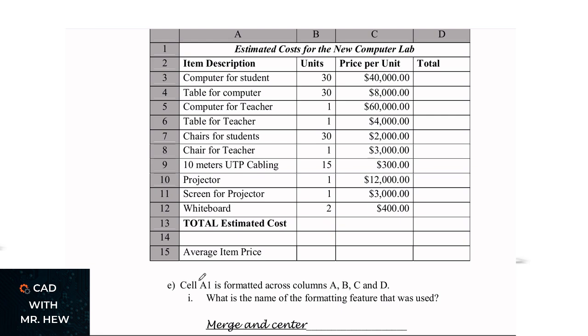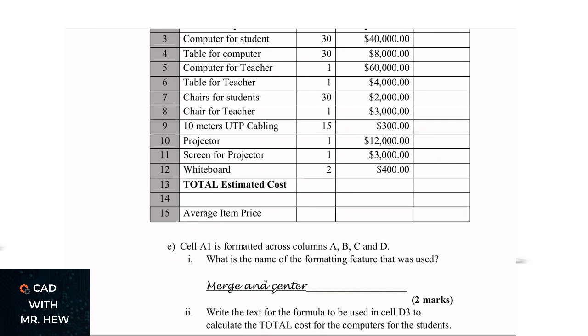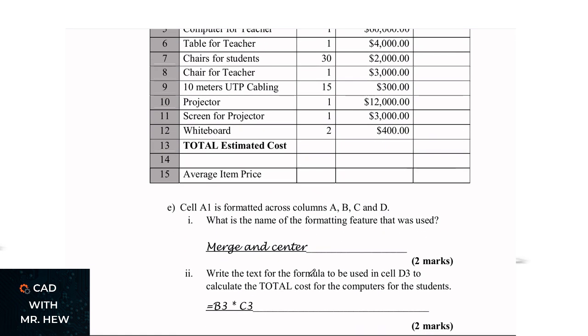It says in cell A1, there was a formatting feature that was used across columns A, B, C, and D. What is the name of this formatting feature? The correct answer is merge and center. You will get 2 marks for this answer.